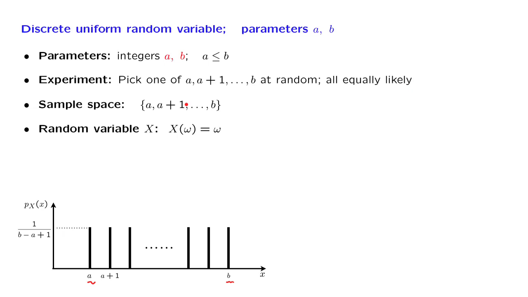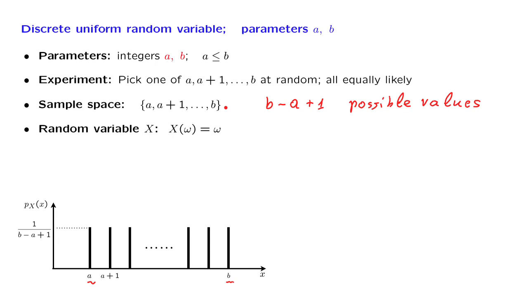To be more formal, our sample space is the set of integers from a until b, and the number of points that we have in our sample space is b minus a plus 1 possible values. What is the random variable that we're talking about?